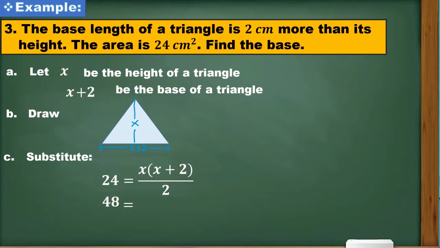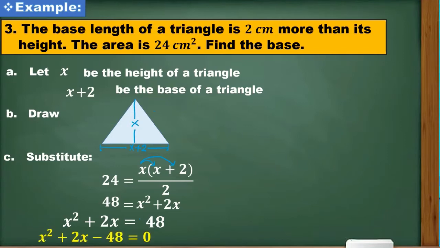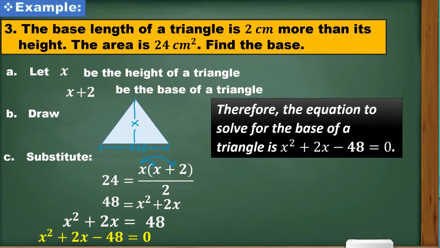Then distributive property, so x squared plus 2x equals 48. Then the standard form of this equation is x squared plus 2x minus 48 equals 0. Therefore, the equation to solve for the base of a triangle is x squared plus 2x minus 48 equals 0.